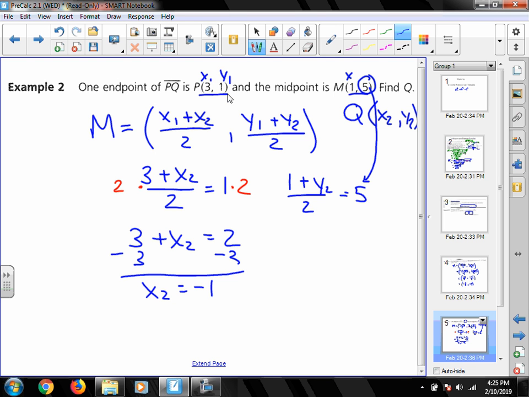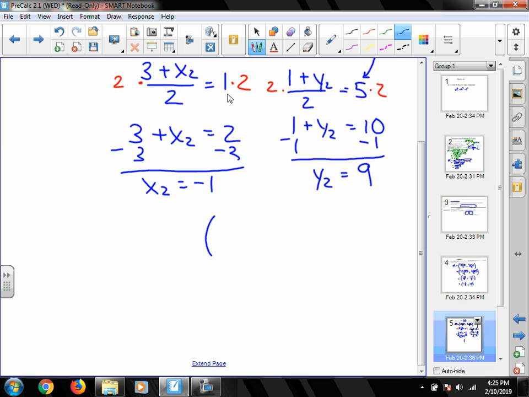And a very similar process for my y's. Multiply by 2. I get that 1 plus y sub 2 is equal to 10. Subtract 1. y sub 2 is equal to 9. So point Q is at the point negative 1, 9.